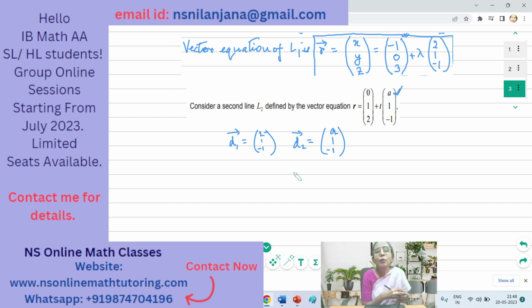Coincident lines means one is on top of the other. You don't have separate entities. They both make the same line. So they are intersecting at an infinite number of points. You don't have a single point of intersection for them. And when they are two parallel lines, you don't have any point of intersection.